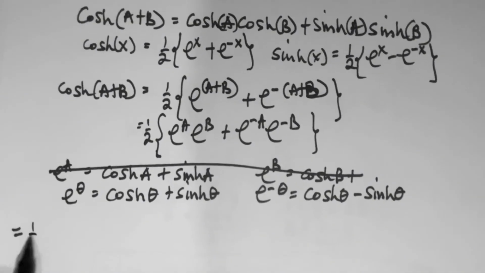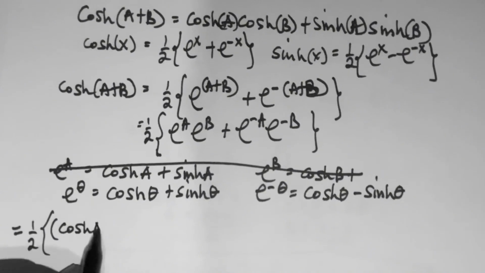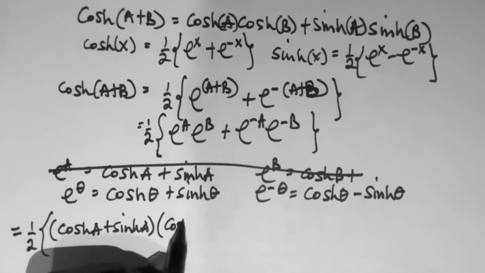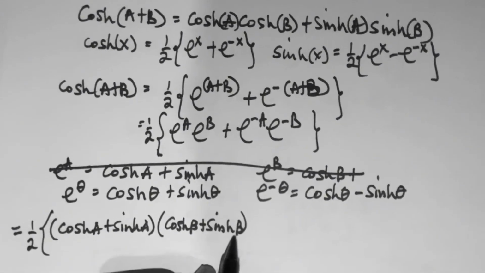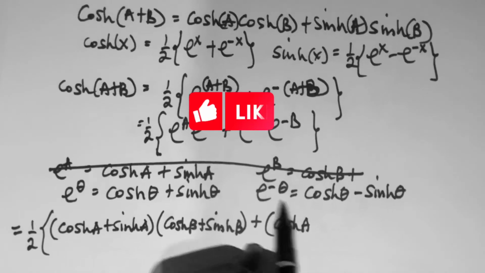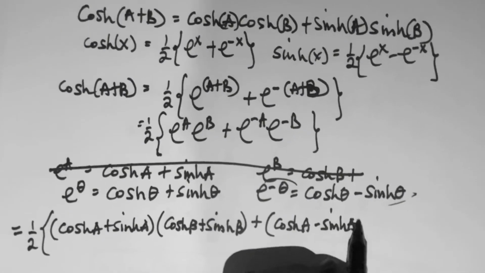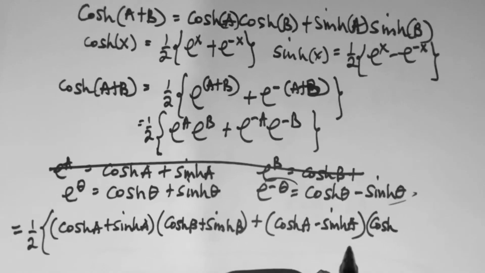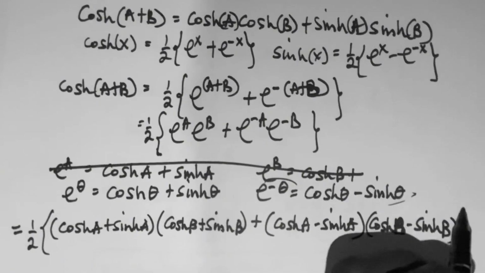And therefore, using this idea to expand this, that becomes half into brackets exponent A becomes (cosh A plus sinh A) times exponent B (cosh B plus sinh B), and then plus exponent minus A into bracket (cosh A minus sinh A) times exponent minus B (cosh B minus sinh B), bracket close.